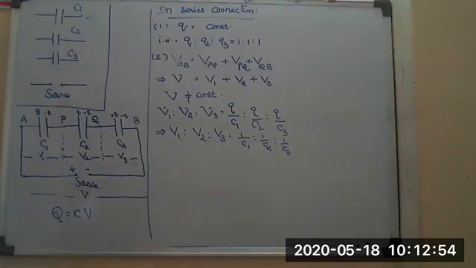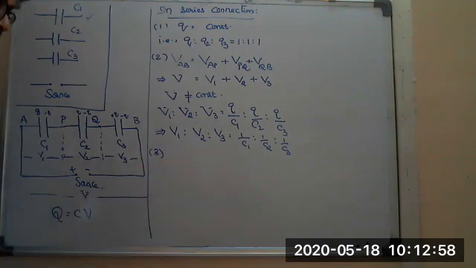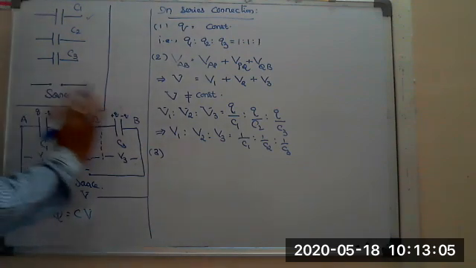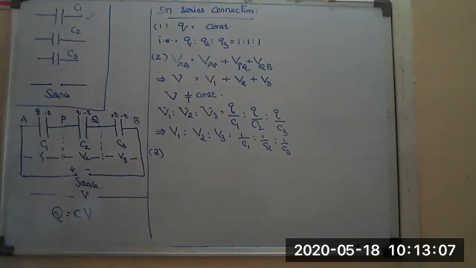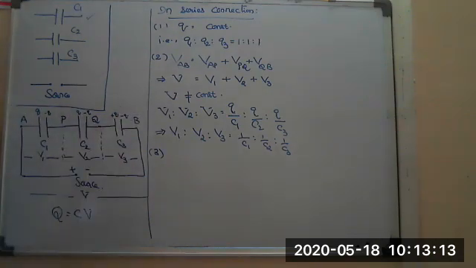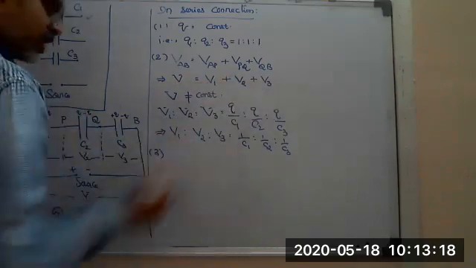This is the ratio. And here the third one: after connecting, what will be the total capacity across the ends A and B? Across the ends A and B, total capacity, I get from the equation V equals V1 plus V2 plus V3.